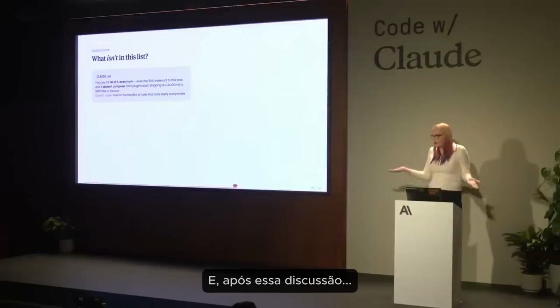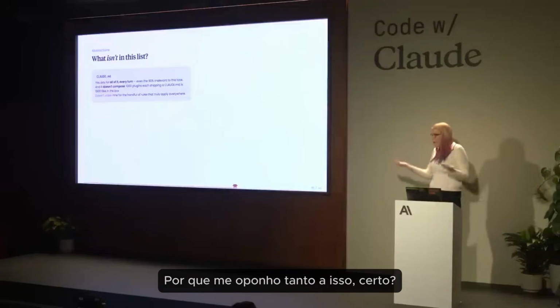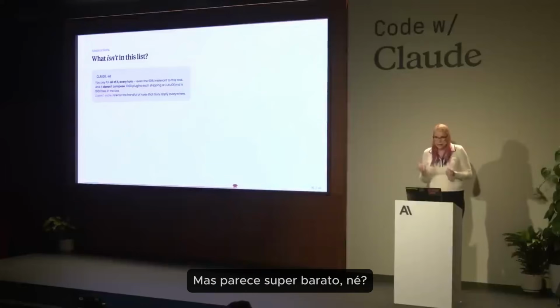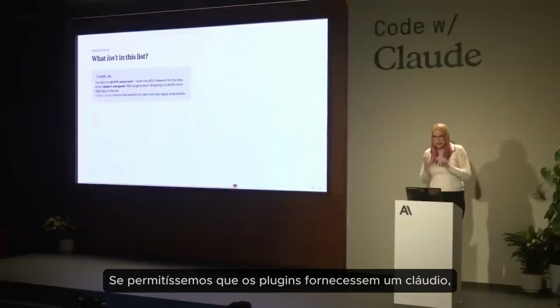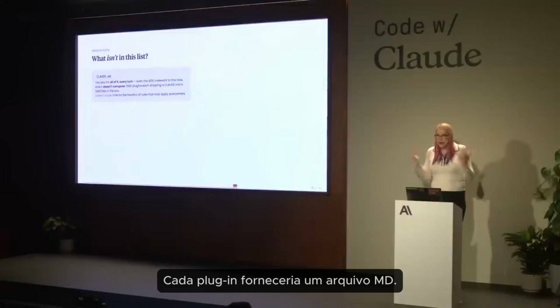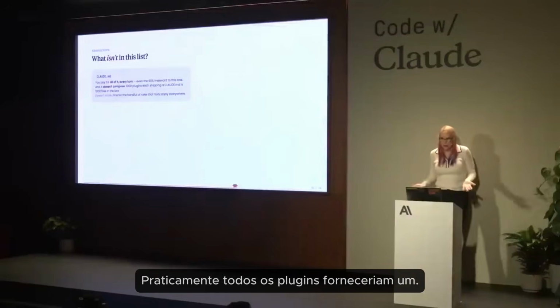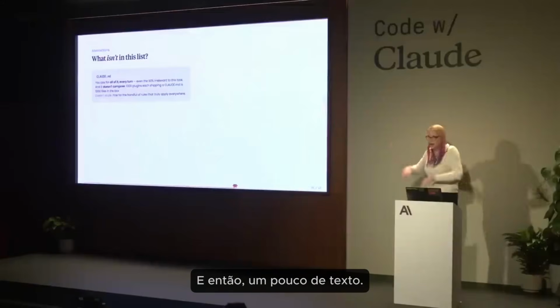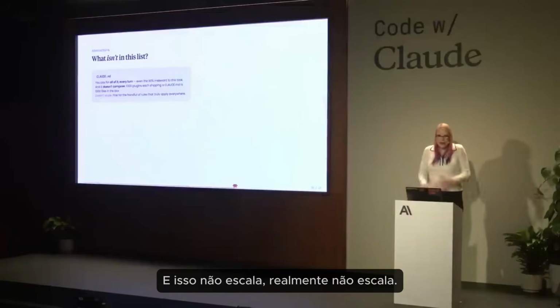After this discussion, I think you can all see why I've pushed back on that so much. Not only is it an extremely expensive abstraction, but it looks super cheap. If we allowed plugins to provide a Claude.md file, pretty much every single plugin would provide one. They'd say, hey, you're also using this plugin, and then a little bit of text. And that doesn't scale. It really doesn't scale.